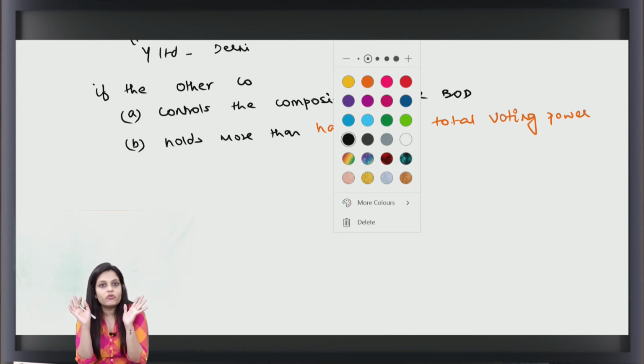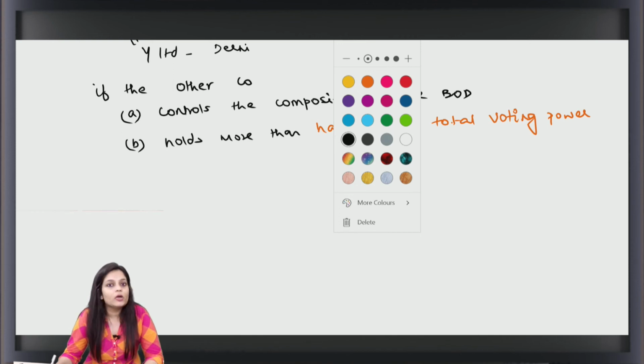No, I'm not controlling the composition of your directors. If I have a right to appoint majority of your directors, that is more than half of your directors, then I am controlling the composition. And if I am controlling the composition, I am the holding, you are the subsidiary.